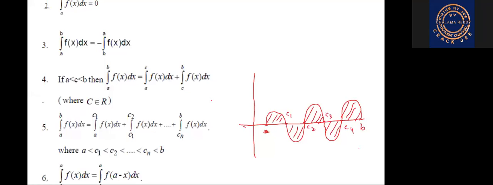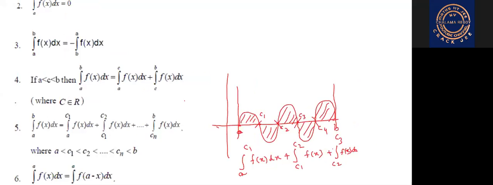Now, integration a to b f of x dx means from here to here, this area is required. But in between we are splitting that. How many points are there? 4 points.